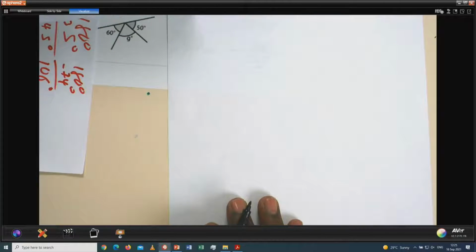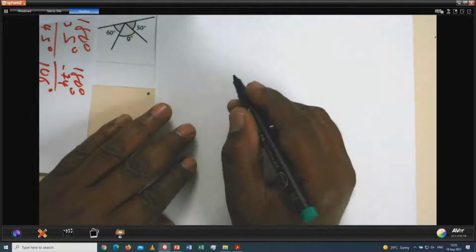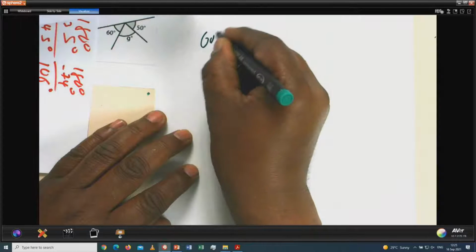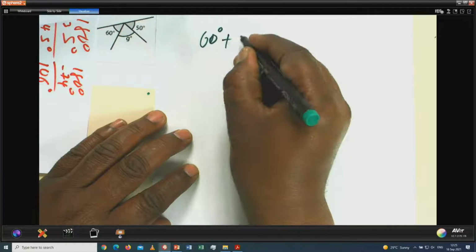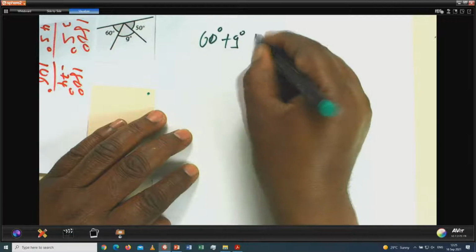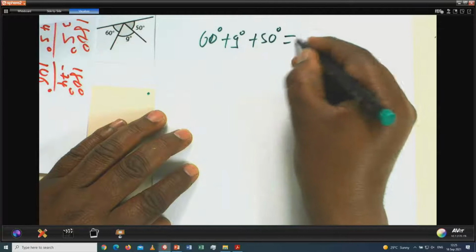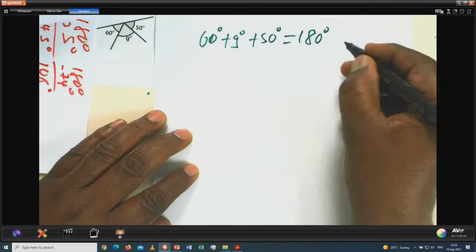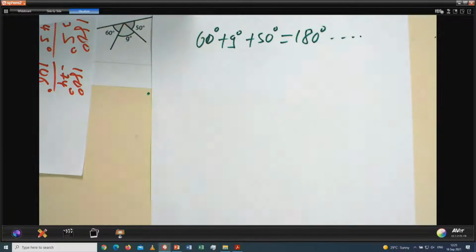Therefore, we'll say 60 degrees plus the degrees we don't know, and 50 degrees should give you 180 degrees. Angles on a straight line.